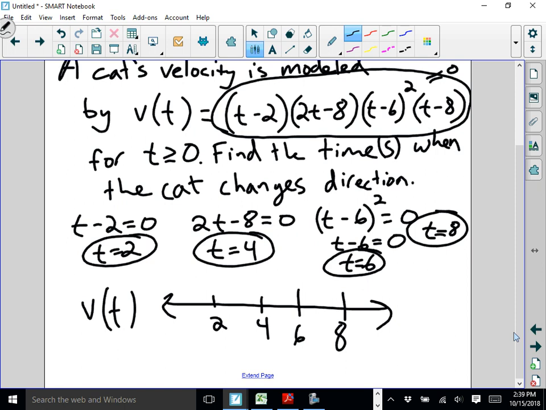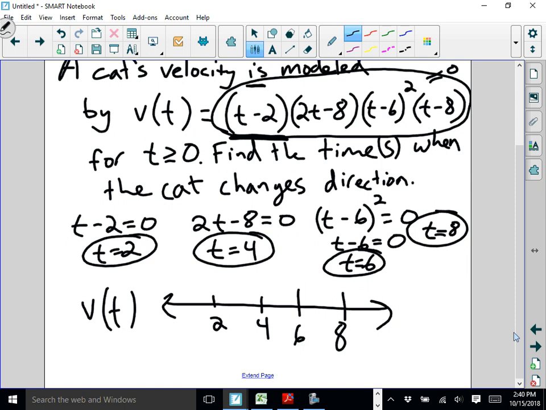When I do my tests, I like to mark up my equation here, and I just have to be very careful when I do this. So when I plug in 0, I'm going to use my test point as 0. If you want to use 1, that's fine. When I plug 0 into the first factor, I get 0 minus 2, which is a negative number. Remember, I'm not concerned about the number here, I'm concerned about the sign.